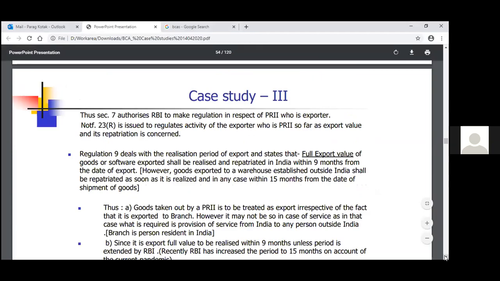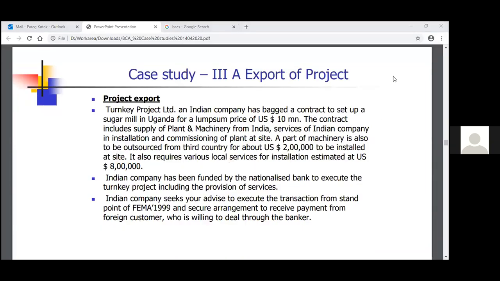There has always been a debate about the transaction of export: whether export transactions are current account transactions or capital account transactions.